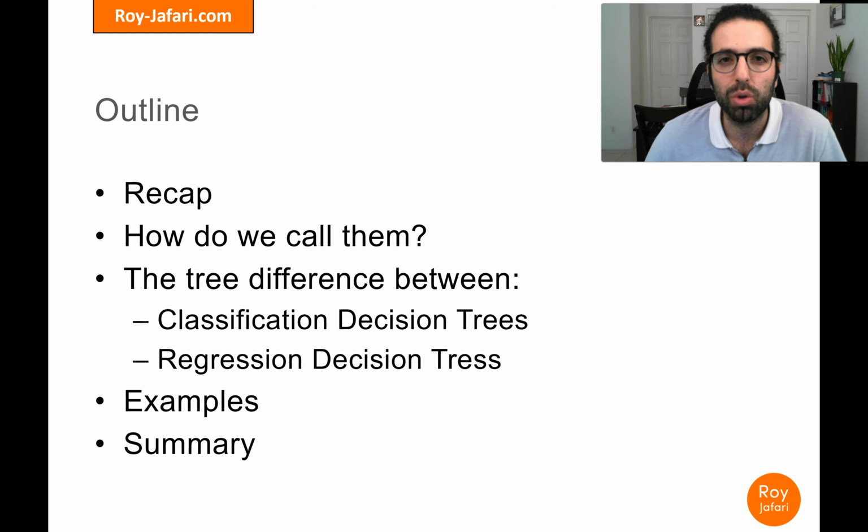There are different names used, but we're just going to look at what they are. After that, we're going to look at the three technical differences between decision trees for classification and for prediction, and then use examples to put those differences into context. By the end of this video, you will have a pretty good understanding of how decision trees for regression are done and how they compare to decision trees for classification.